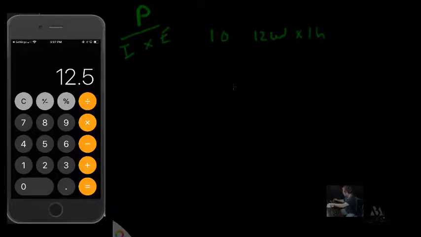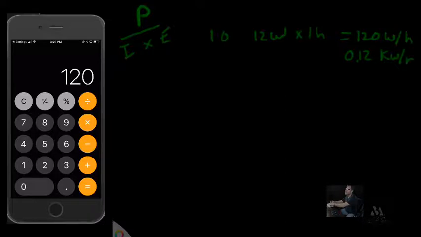Well, we take the 10 times 12, and so we're going to get 120 watt hours. How many kilowatt hours is this? Well, we have to move the decimal place over 3 places, so there's 1, 2, 3, and that would be 0.12 kilowatt hours.